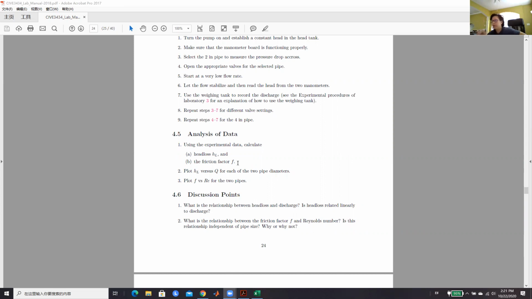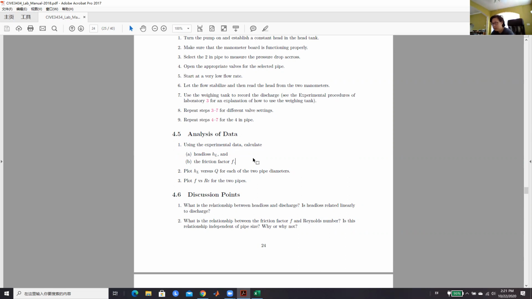So I want a table with all the results of the head loss and the friction factor. One table for one case, the 2-inch pipe, and another table for the 4-inch pipe.